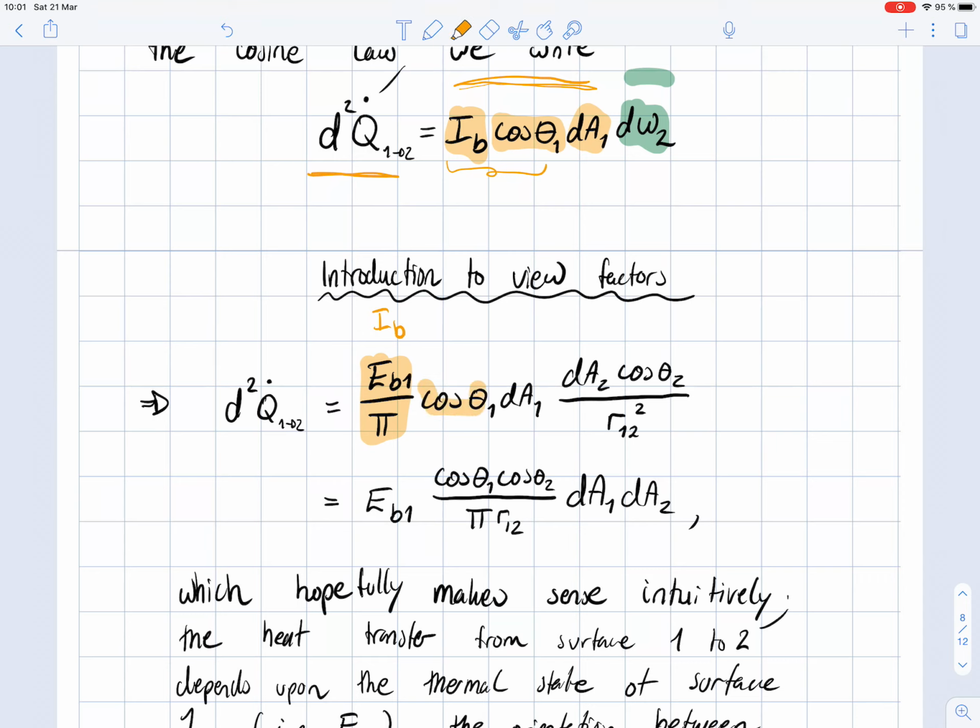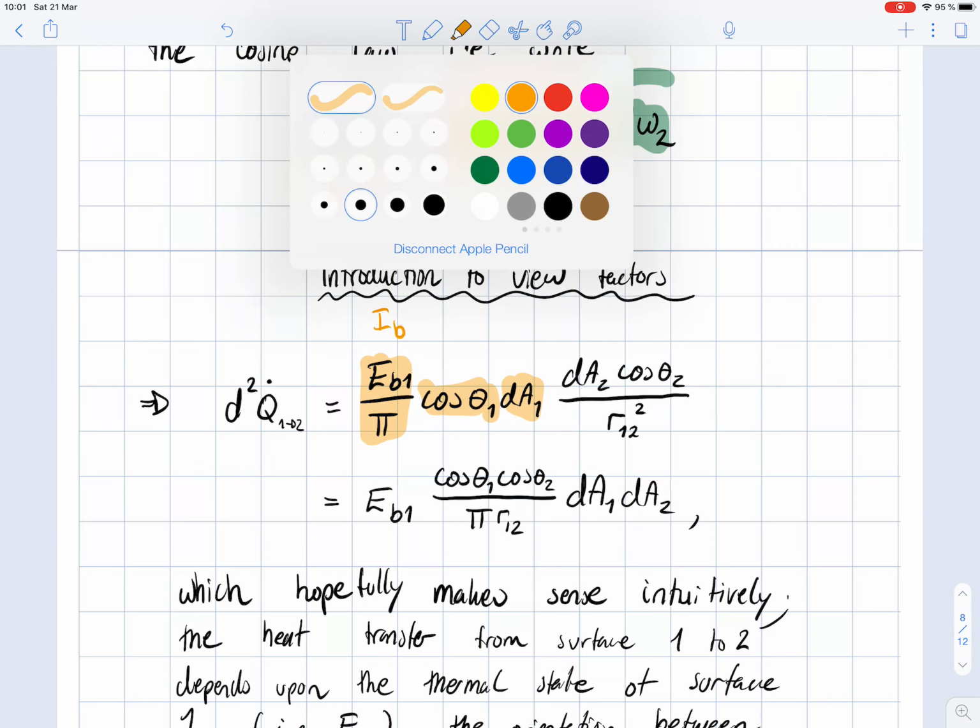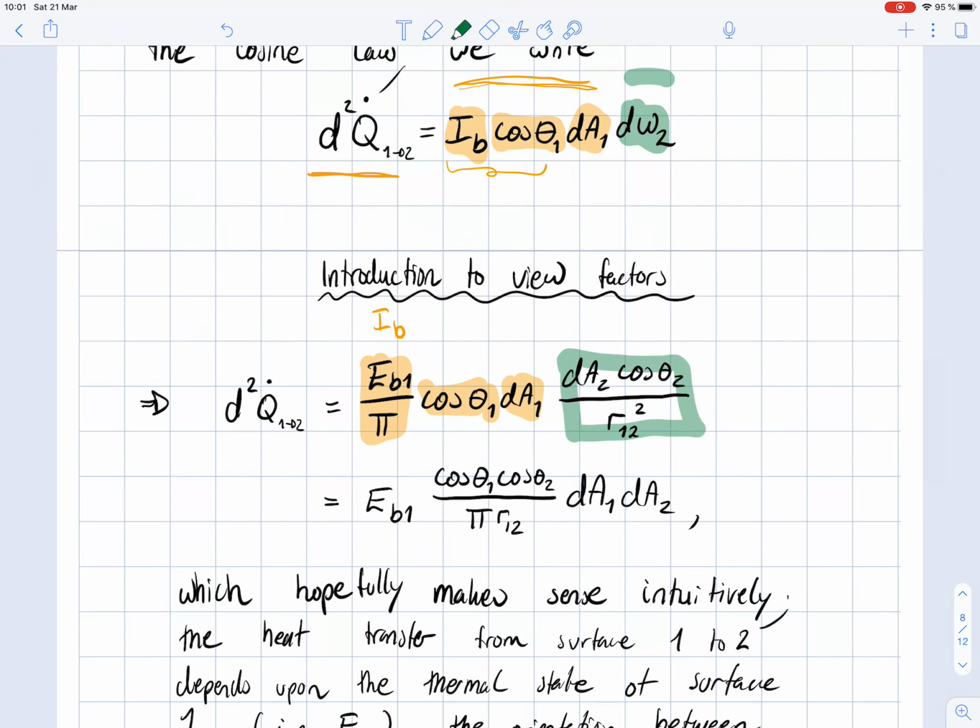We have cosine of theta 1 dA1. And then we have substituted the differential in the solid angle, as we have defined already. Then we restructure our expression somewhat so that we get two differentials here at the end.